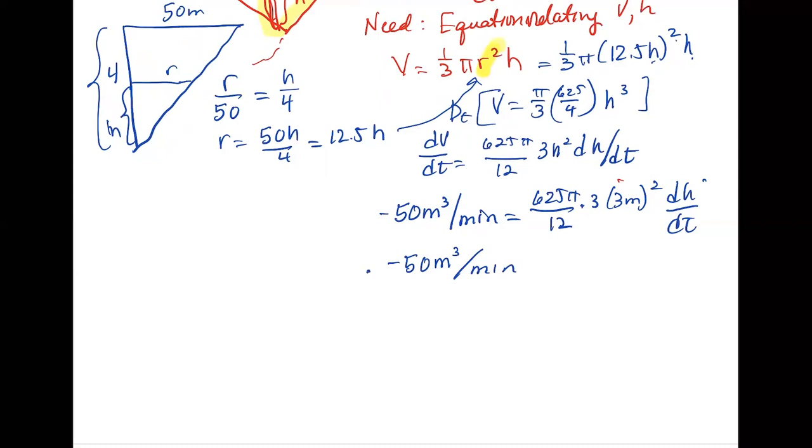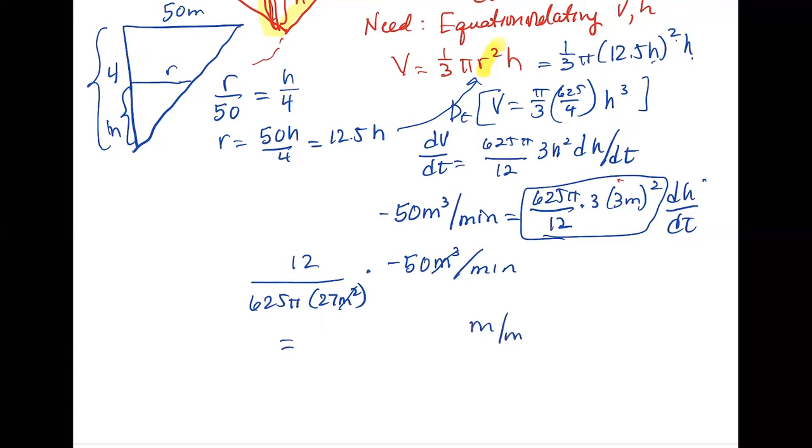If I multiply by the reciprocal of this fraction or that product, I will have times 12 over 625 pi times 27 meters squared. So the meters squared cancel with the meters cubed, and we will be left with meters per minute.